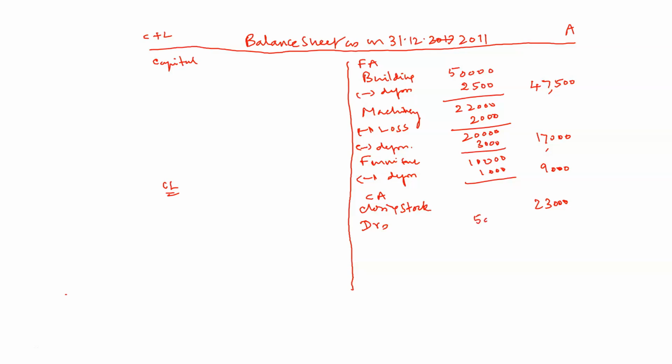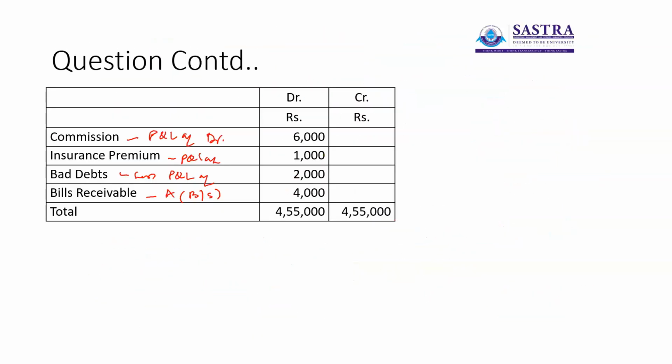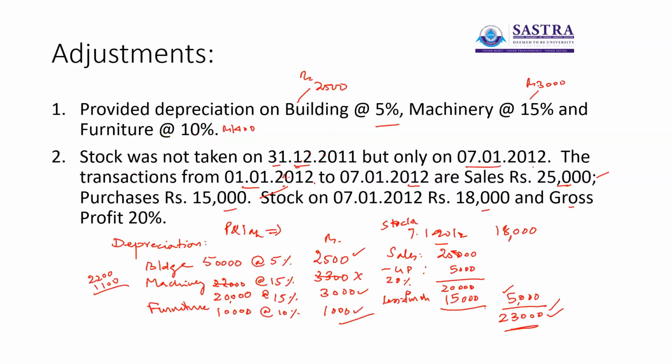So the debtors value as per trial balance is 50,000 less provision for doubtful debts 2,500. So 47,500. So stock, debtors, bills receivable if given, bills receivable given as 4,000.